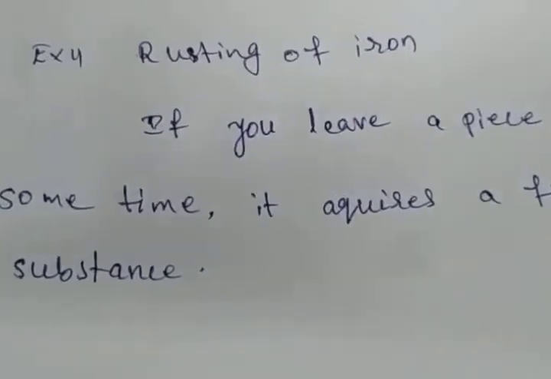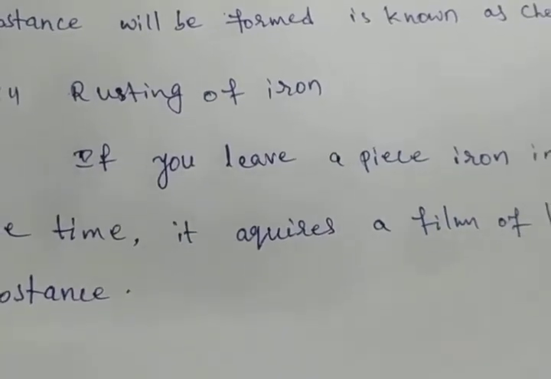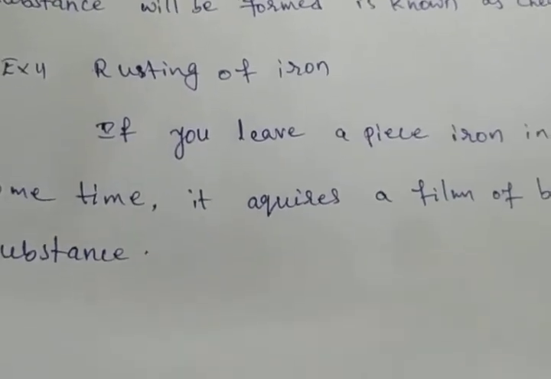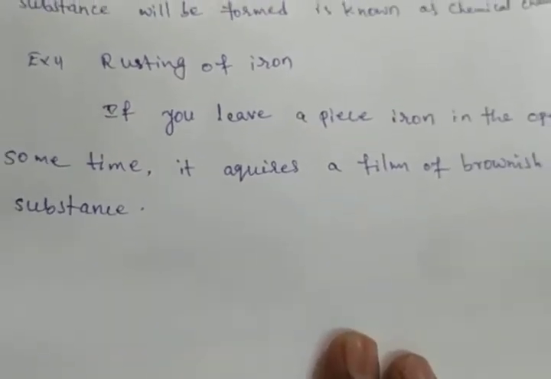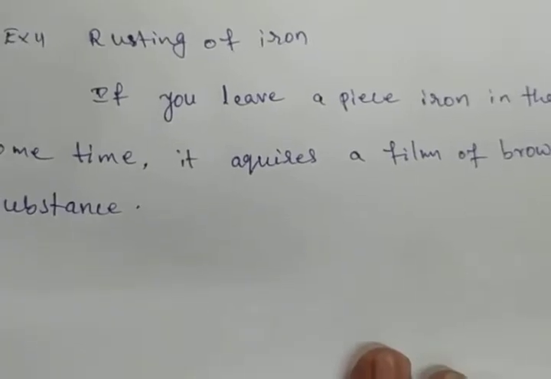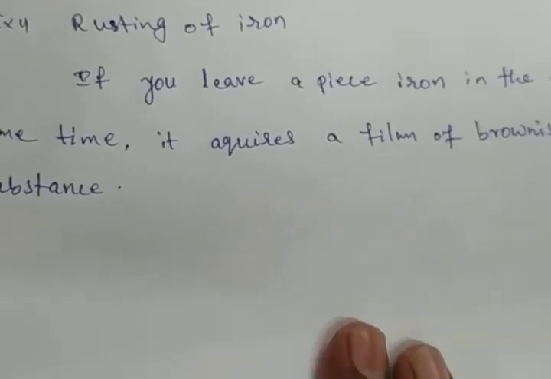Okay, once you have to see about the chemical change. Chemical change, example of rusting of iron. If you leave a piece of iron in the open some time, it acquires a film of brownish substance.